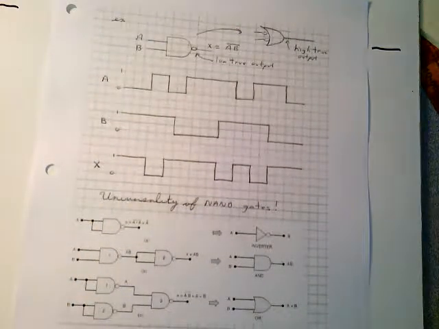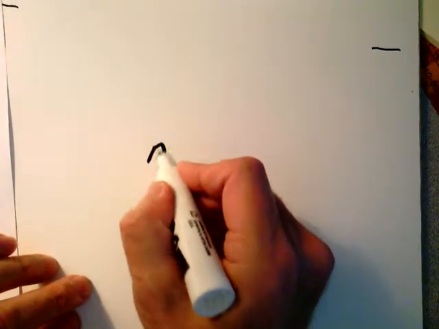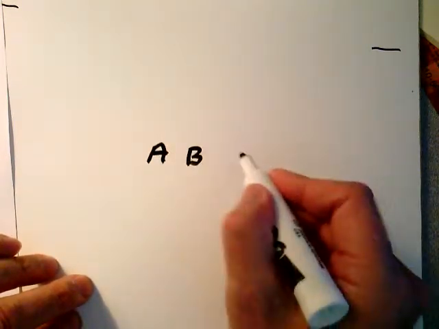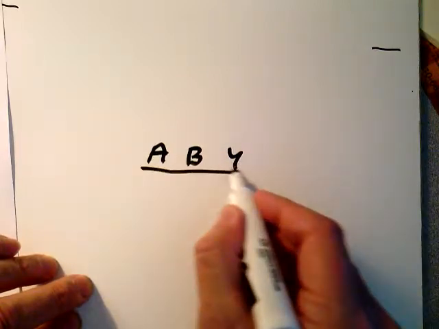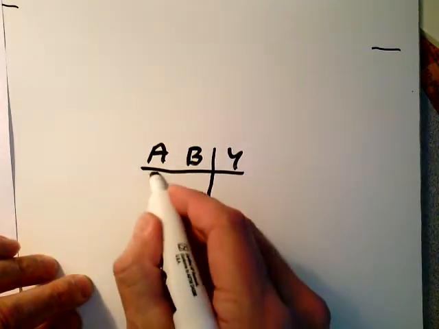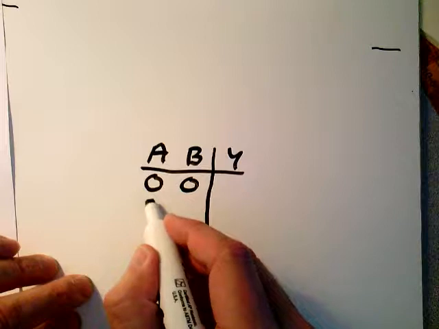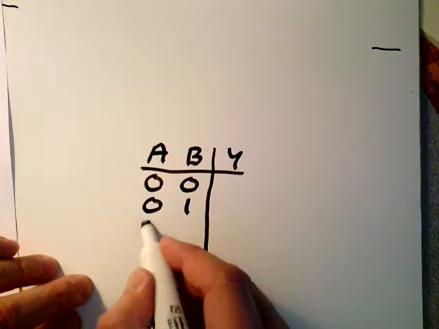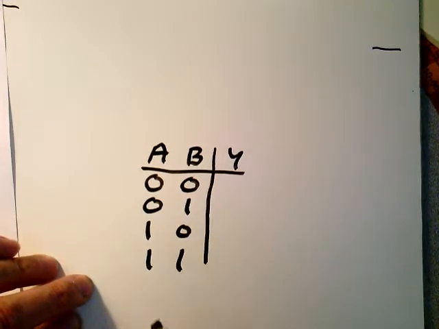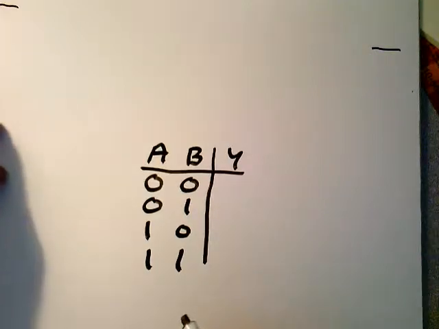First of all, let's look at the NAND gate truth table here. Let's say we have an input A, B, your output Y. I don't memorize truth tables. I write everything in order here: 0, 0, 0, 1, 1, 0, 1, 1.